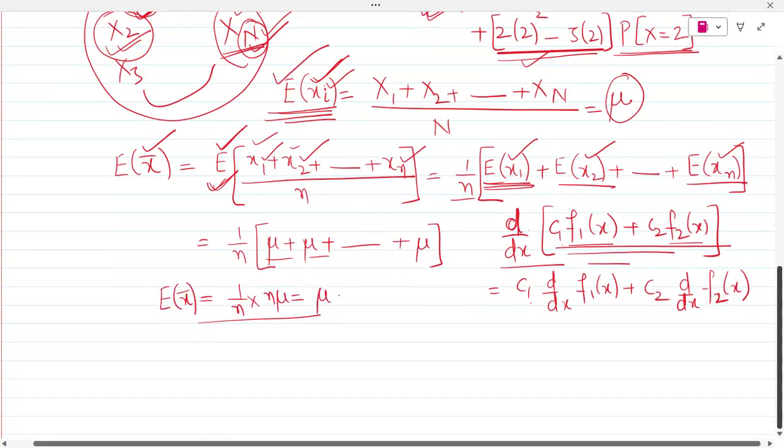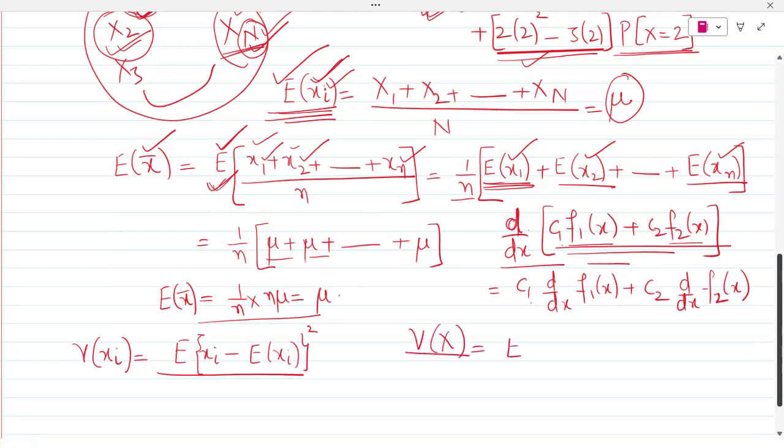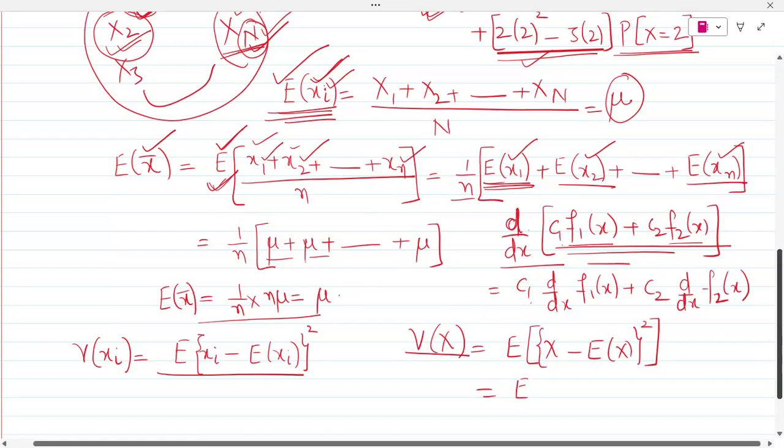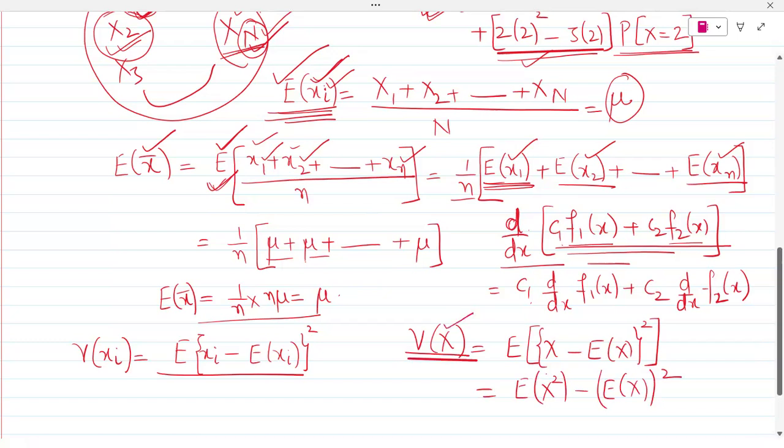Now, the variance of xi. It is the expected value of xi minus its expected value, whole square. Actually, the variance of any random variable x is the expected value of x minus the expected value of x, whole square.